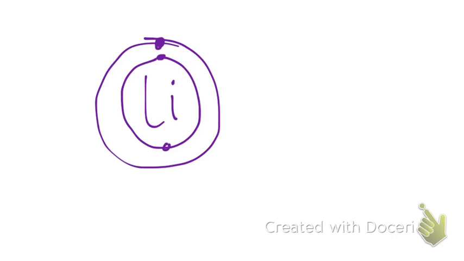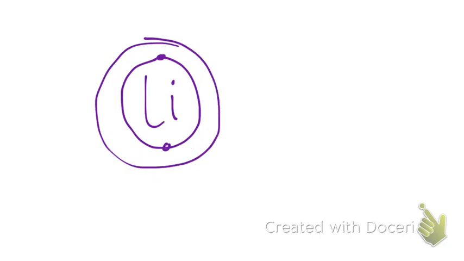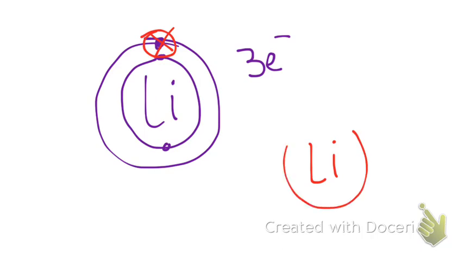So is it easier for lithium to gather 7 electrons to complete this orbital, or is it easier for lithium to give away its 1 electron? Give away 1. Okay, so lithium right now has 3 electrons. If it gives away this electron right here, see you later, we're left with lithium with this inner shell. So now it's got 2 electrons, which leaves it with a charge of +1.